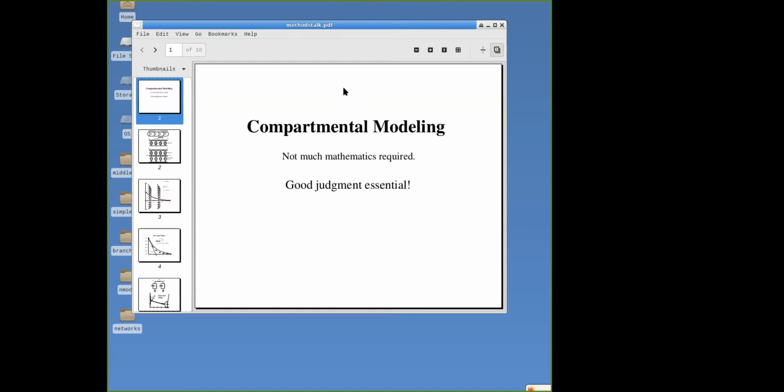Well, the first and most important point is something that's not even on any of these slides, and that is one of the whole points of NEURON is to make it easy for you to use robust numerical methods without having to become an expert in numerical computation yourself.